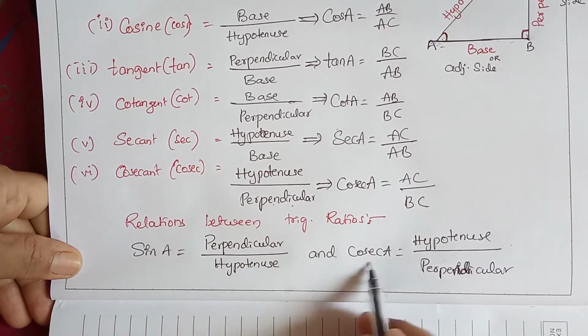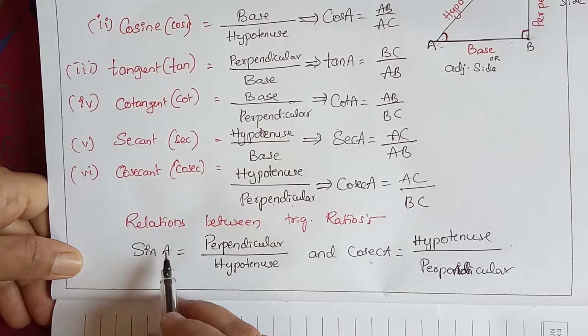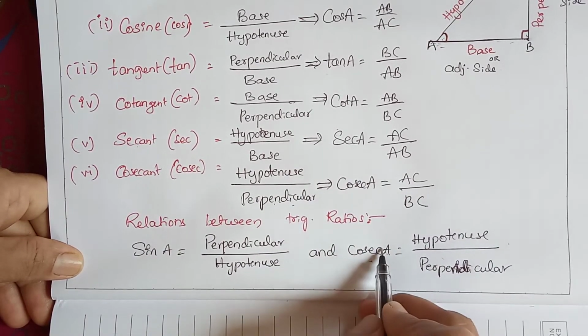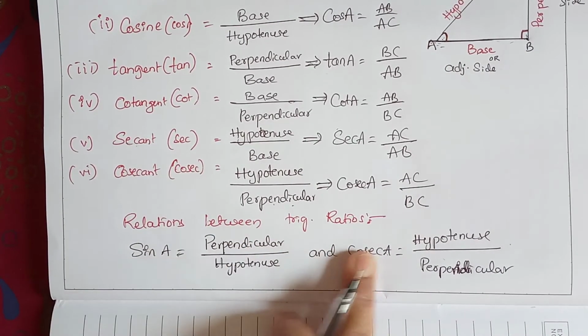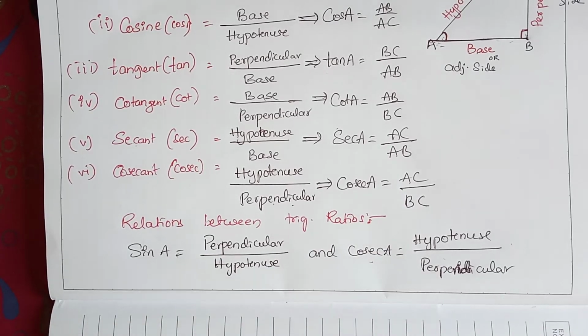This is called reciprocal to each other. Sine is reciprocal to cosec, and cosec is reciprocal to sine. This is called the relation between trigonometric ratios. We will see the remaining also.